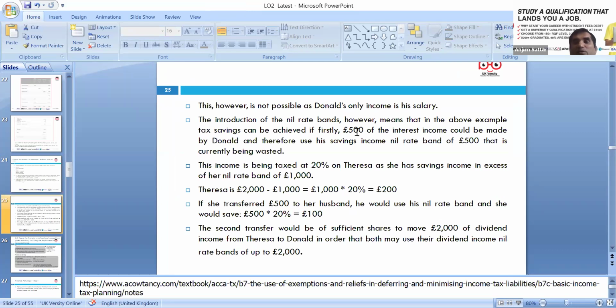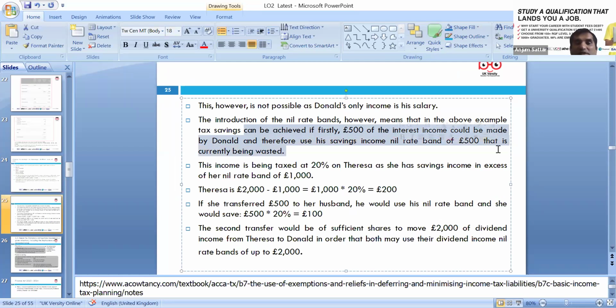In this, we can look at the rates. Tax saving can be achieved on the 500 of interest income made by the donor, and they can use the savings income nil rate band for 500, which currently is being wasted. So the income is being taxed at 20% as untreated savings income in excess of the band.